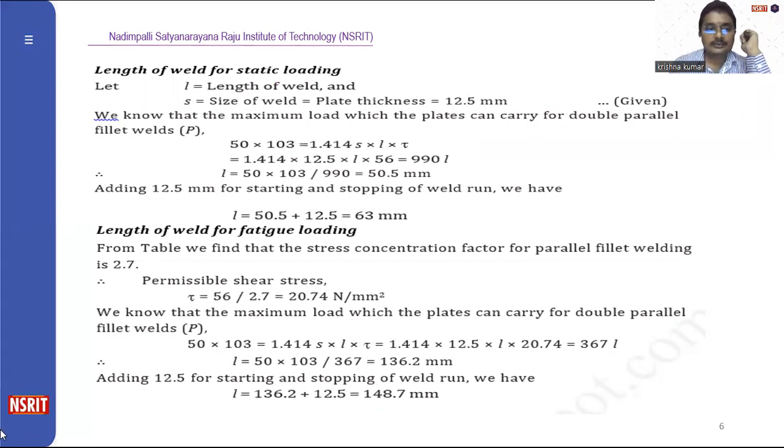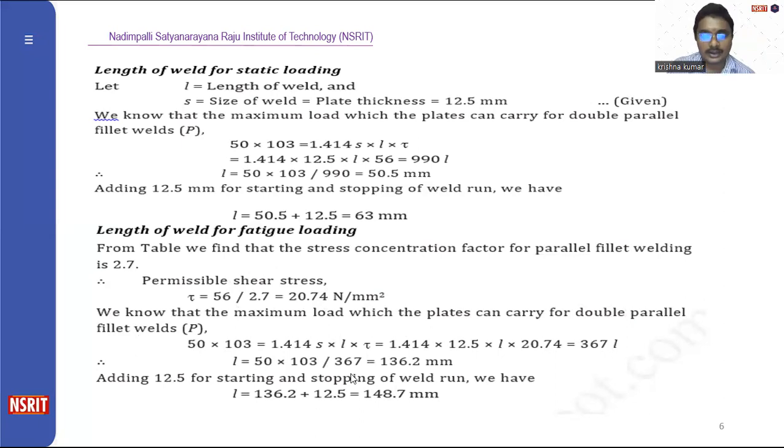Next, the length of the weld for the fatigue loading condition. From the table we find the stress concentration factor for parallel fillet welds. The permissible shear stress tau is 20.74. We know the maximum load the plates carry for the double parallel fillet weld is 50 into 10^3.